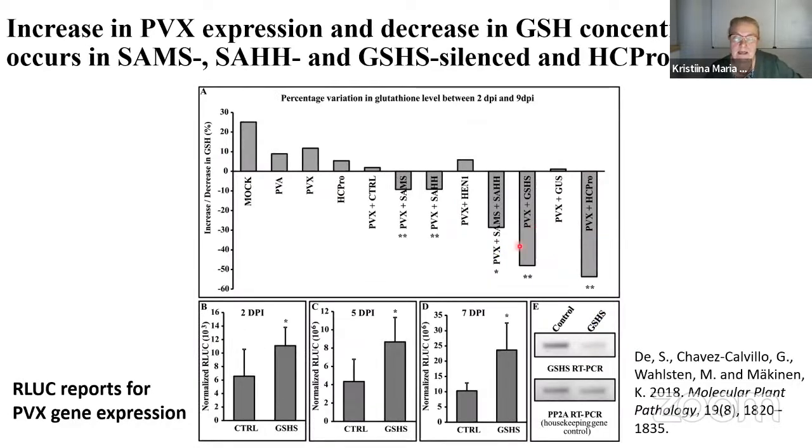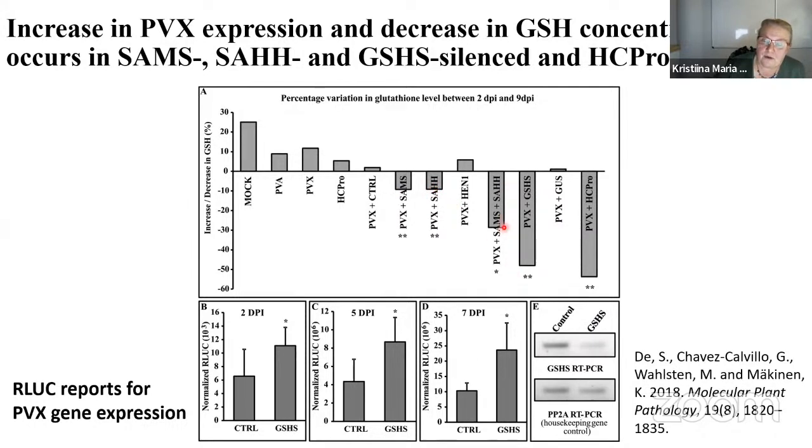Now, if we look at what happens in these double infected plants, and especially if we start to play with these methionine cycle enzymes, for example SAM synthetase or SAH hydrolase, and we silence them, then we see that the reduced glutathione levels are also affected.